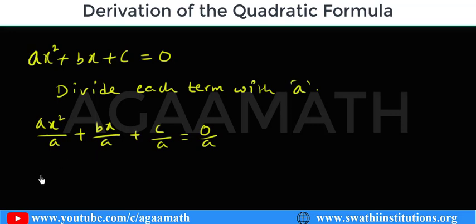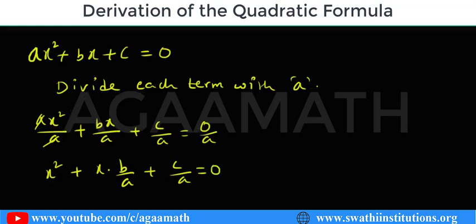What happened here? It is x square, because a gets cancelled, right? So it is x square plus x into b by a plus c by a equals 0.